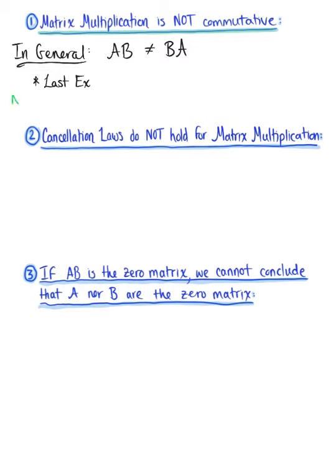Now, I do want to make a little note here that in special cases, they are equal. So if we find that the product of matrix A with matrix B is equal to the product of matrix B with matrix A, then we say that matrix A and matrix B commute with each other.